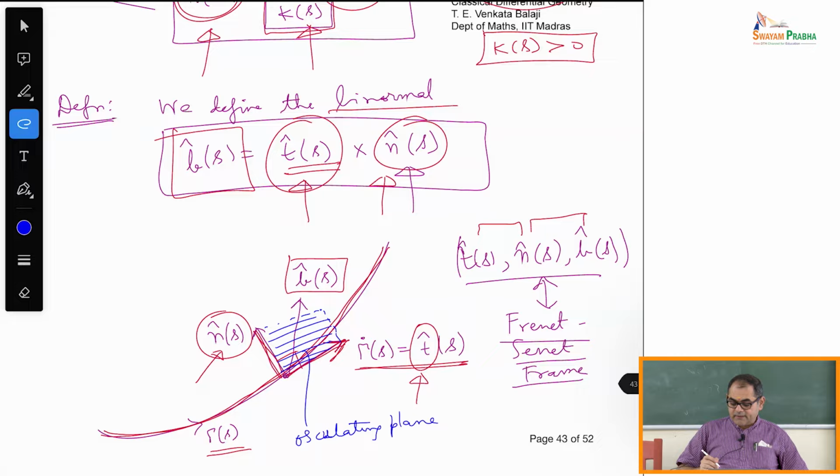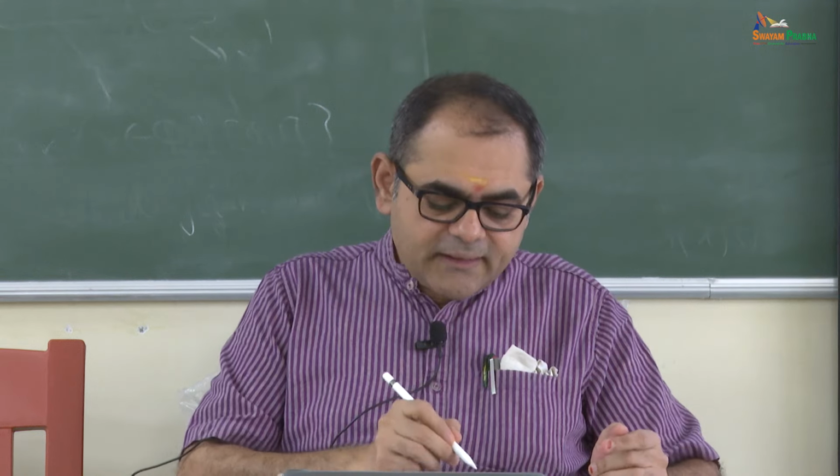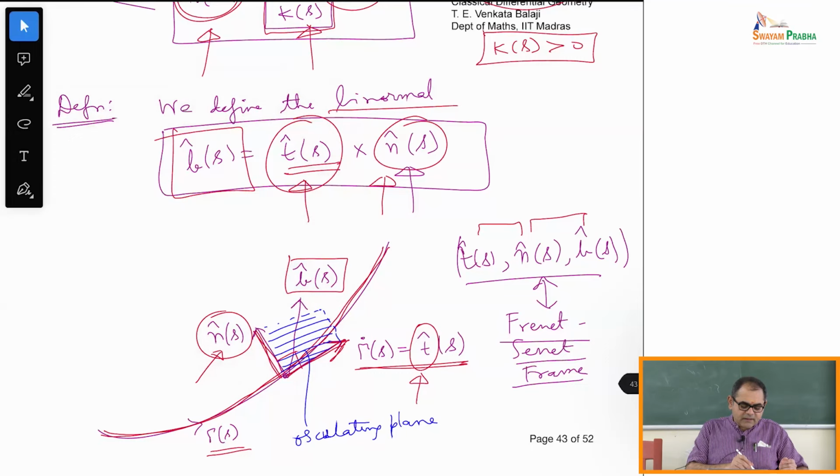Now there is also this normal and the binormal. They also determine a plane, and that plane is called the normal plane. So let me use a different color and show you that.